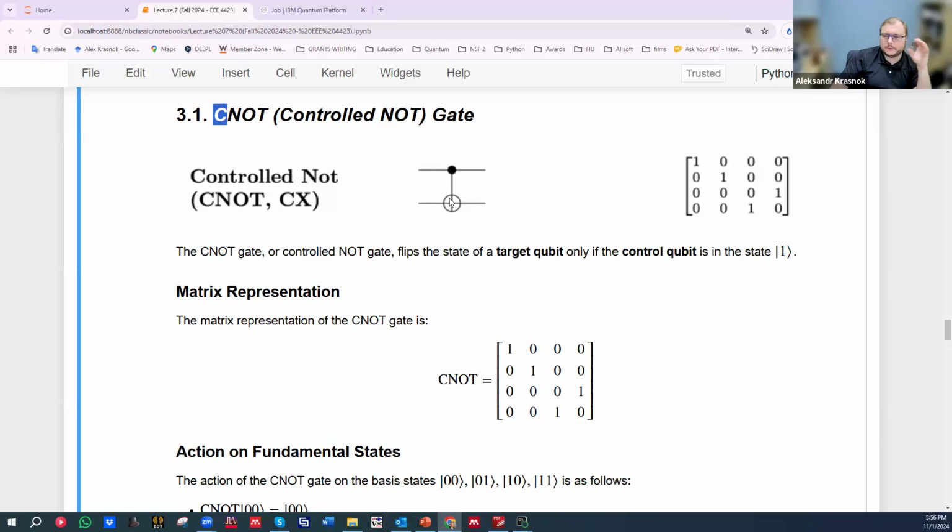You remember, the circle with the plus means the X gate, or Pauli X gate. So this notation means my Pauli X gate is applied to the second qubit, but its operation depends on the control qubit, which is the upper qubit. So this bold dot means control, and the second one is the target qubit: control and target.